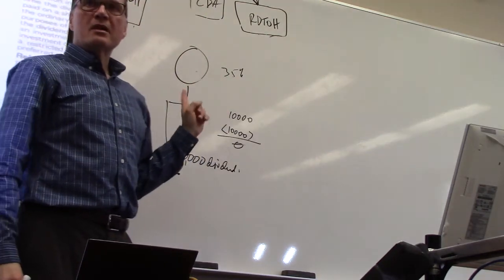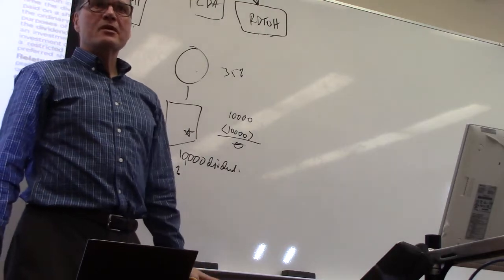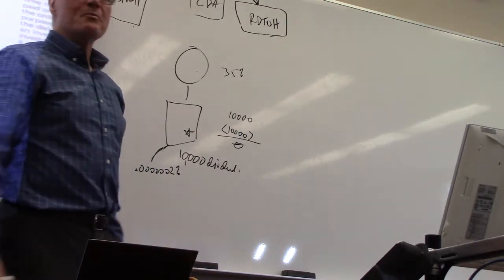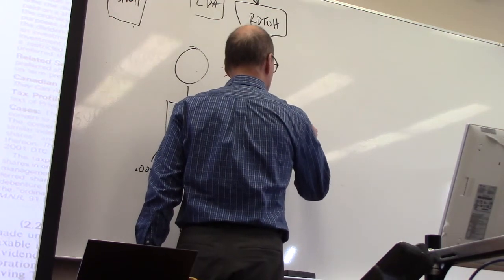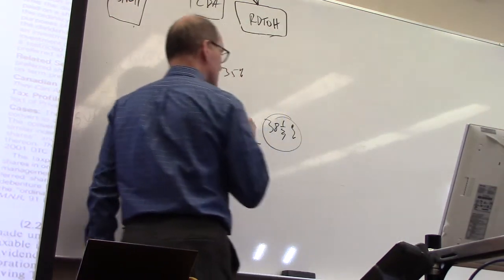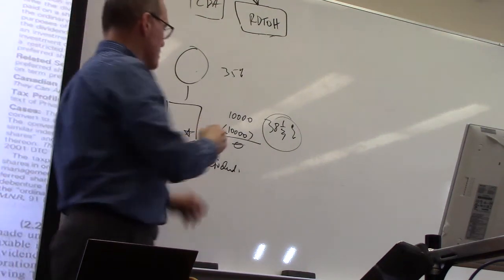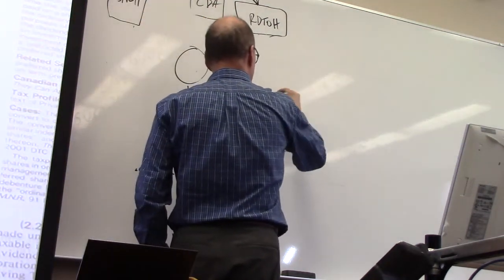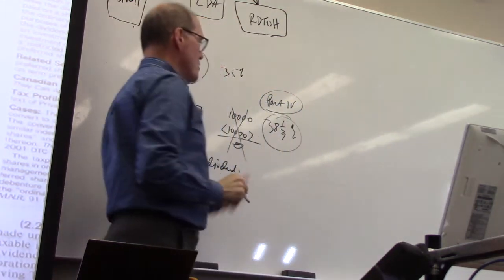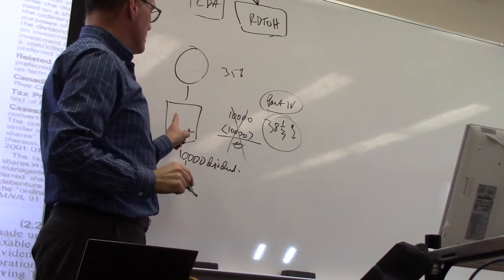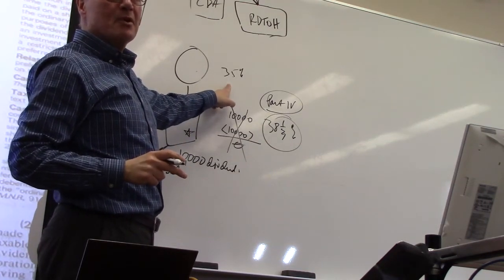We hate what you've done so much that we're gonna make your corporation pay, ready for this, 38 1/3% tax on this, not tax under Part 1, but tax under Part 4. 38 1/3%, which is higher than I would have paid personally. Burn.